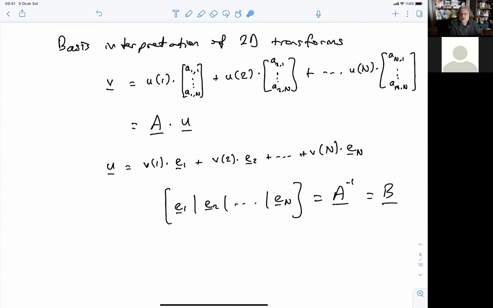The benefits are usually considered in terms of compression efficiency. For example, if V1 is large, V2 is large, but all the other Vn's are very small, then we can get rid of them.